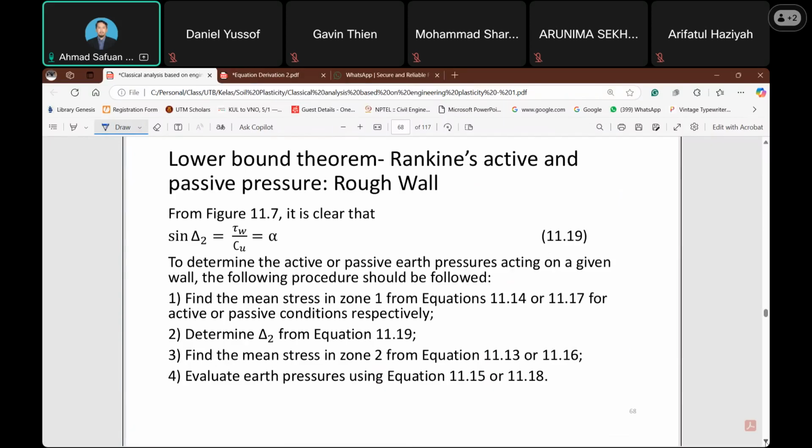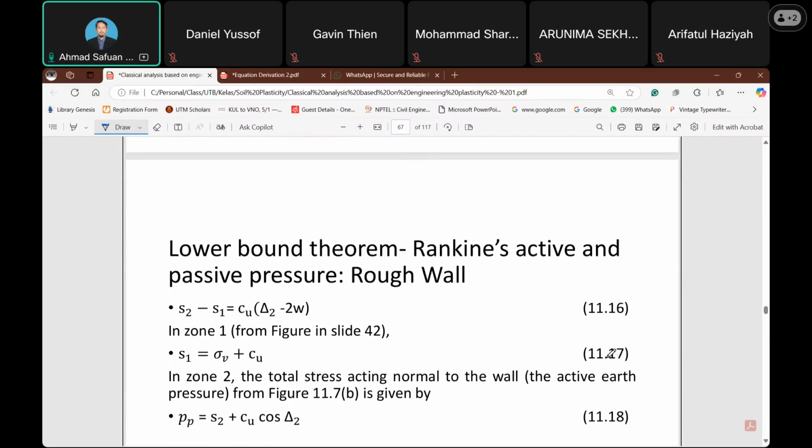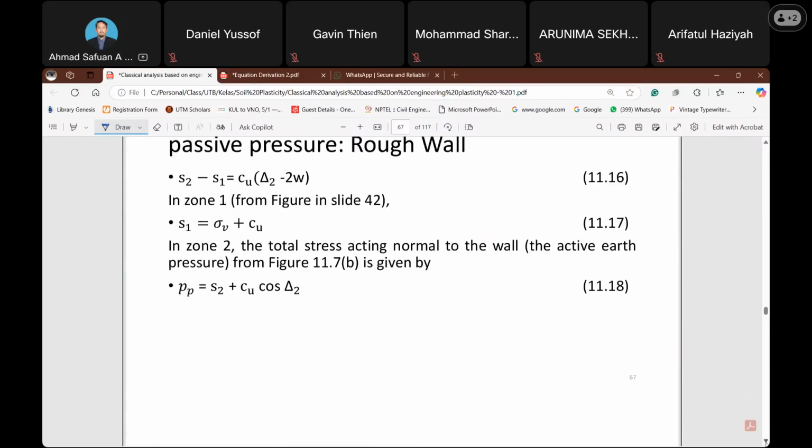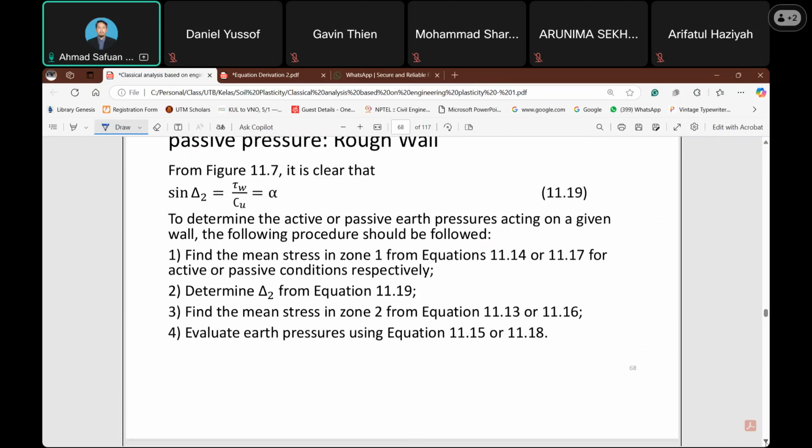Then determine delta 2 from equation 11.19. Find the mean stress in zone 2 from equations 11.13 and 11.16. From there we can estimate the earth pressure using equation 11.15 or 11.18.